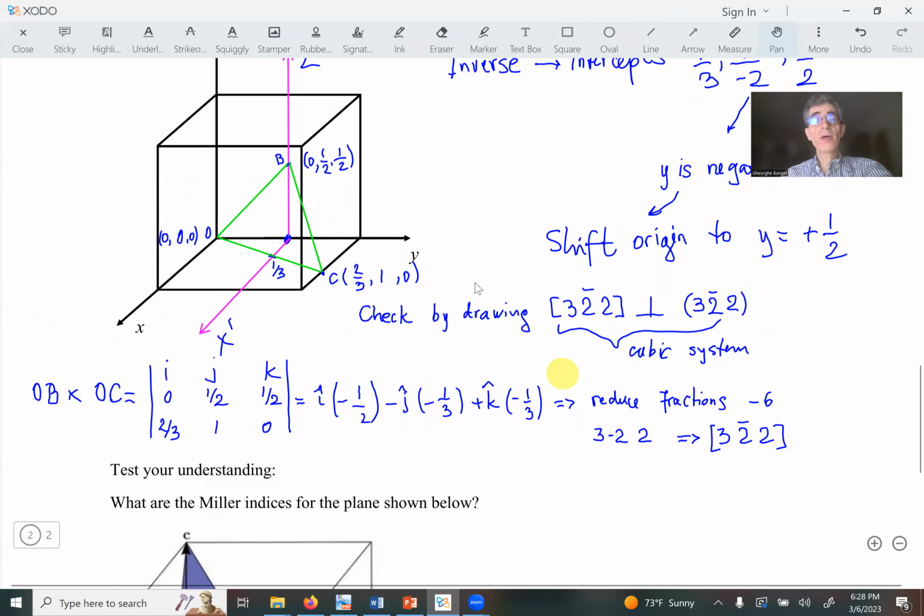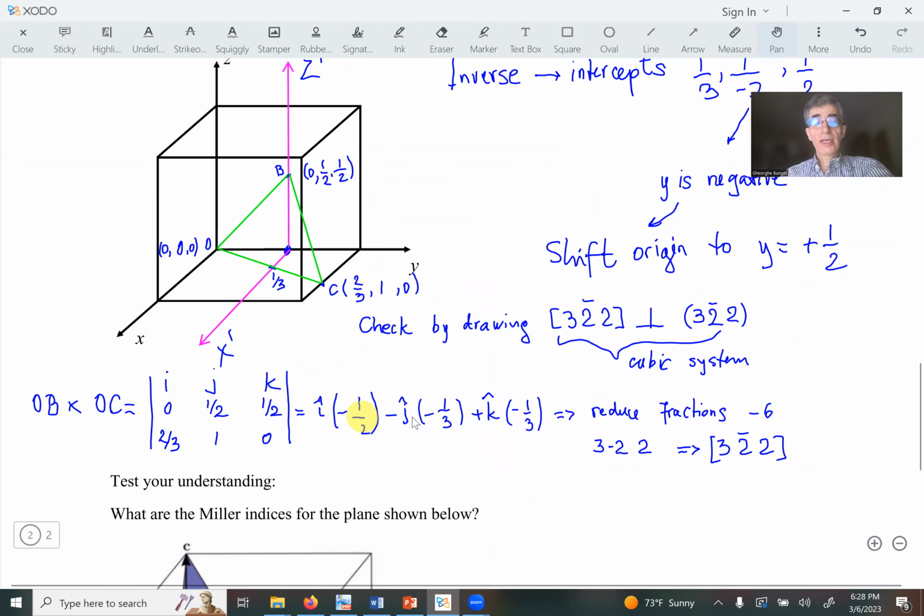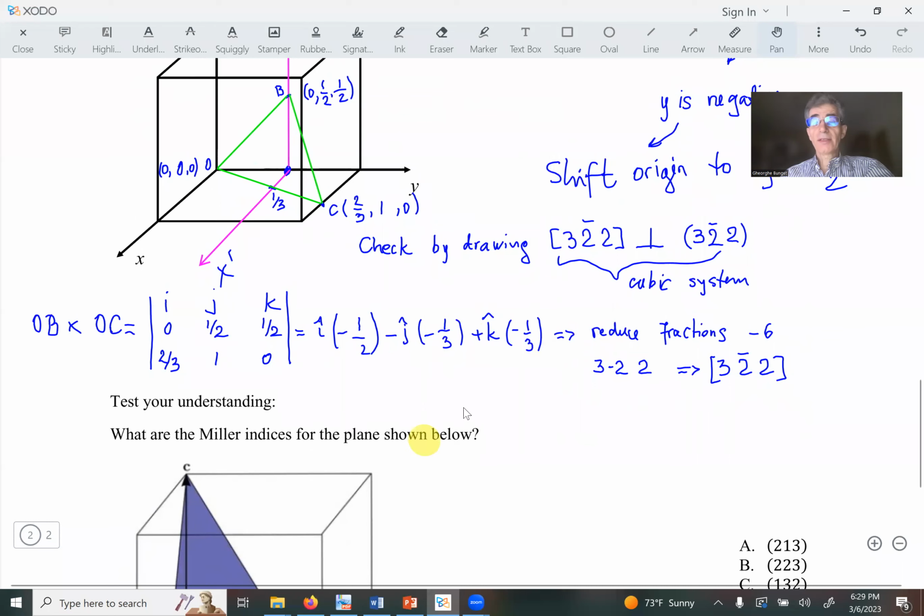If we want to match, of course, I need to reduce fractions, and I consider 6. If I consider plus 6, I will end up with 3, minus 2, and 2. But it's a direction that is parallel with this one, as a matter of fact.